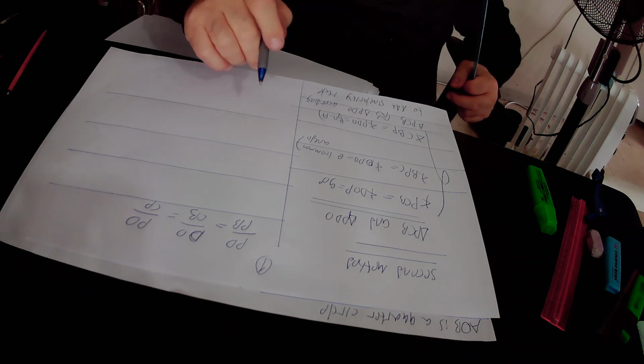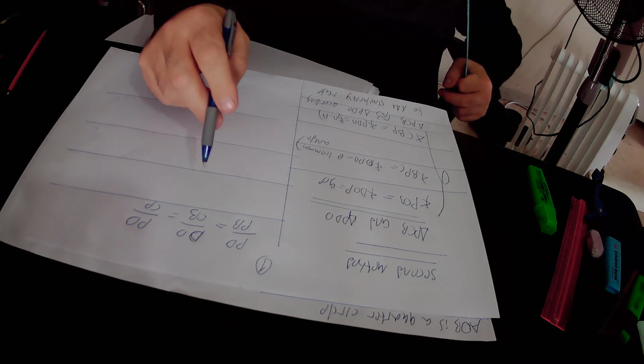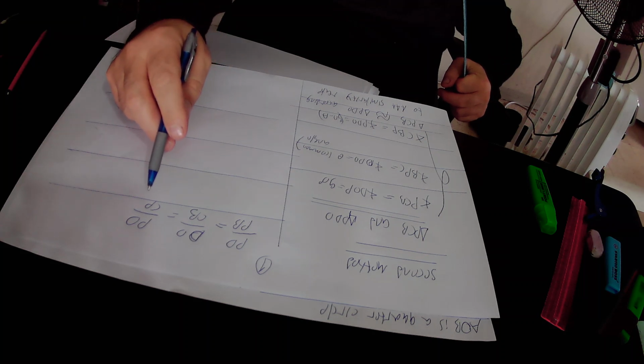And again, we derive that PD over PB equals DO over CB equals PO over CP.